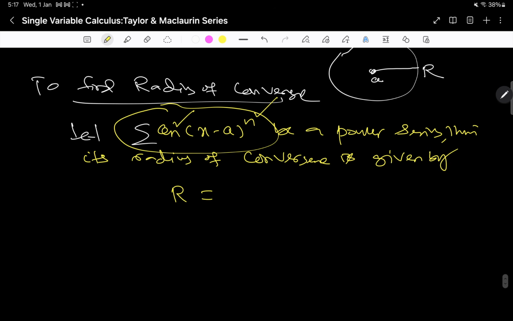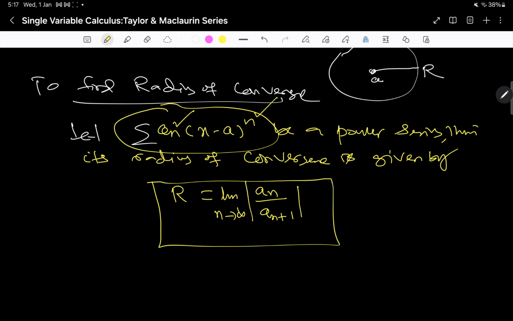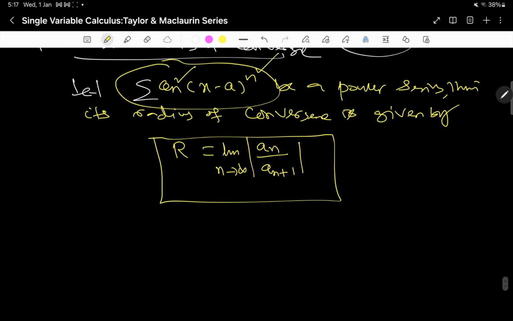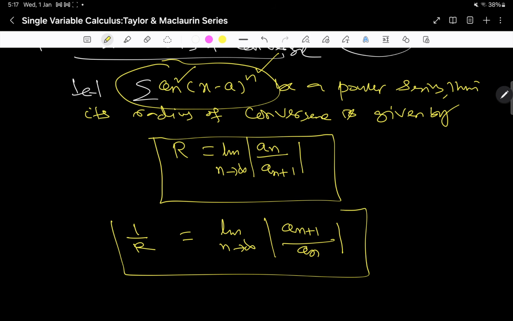Then the radius of convergence is r = limit n tends to infinity |an / an+1|. This means the radius of convergence must be positive here. In some books it is also written like this: 1/r = limit n tends to infinity |an+1 / an|. So this is the radius of convergence.